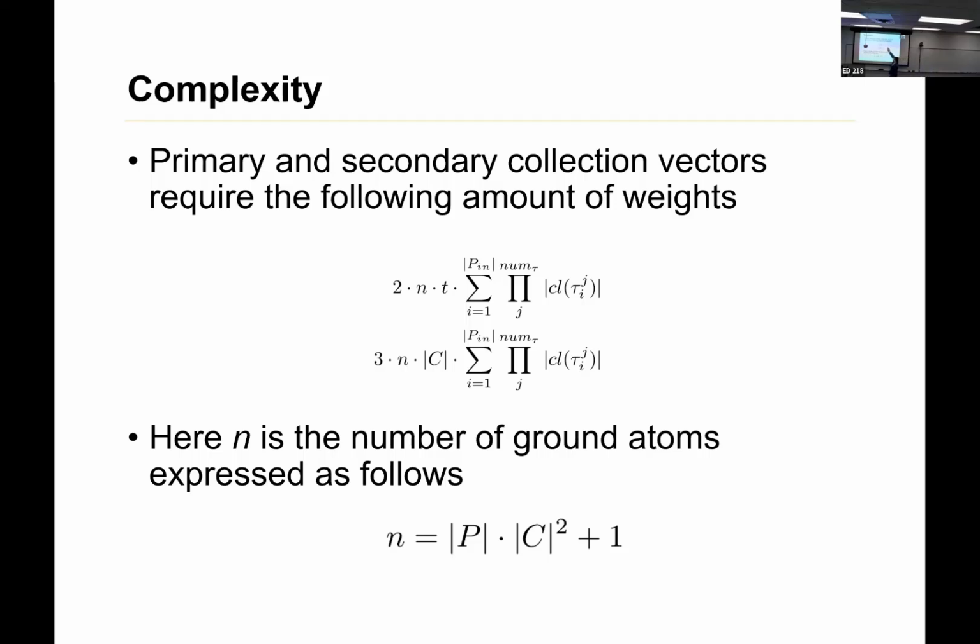You are summing over the number of clauses for each template, for each target predicate, and for one set of vectors you're multiplying by 2 times the number of ground atoms times the number of inference steps, and here it is 3 times the number of ground atoms times the number of constants.